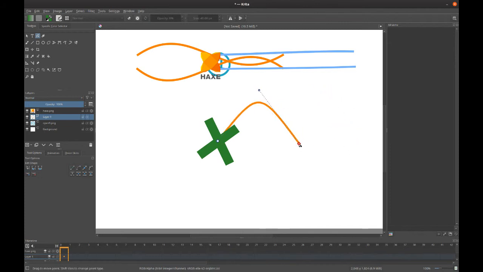It's not symmetrical. It's not anything. It is this very simple Bezier curve that does not give you complete control. And the only thing we're doing is we're kind of extending it.